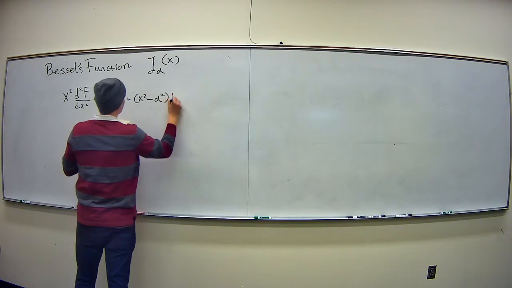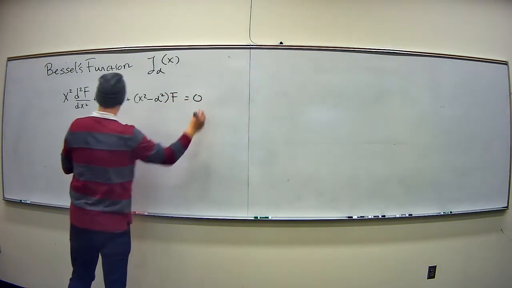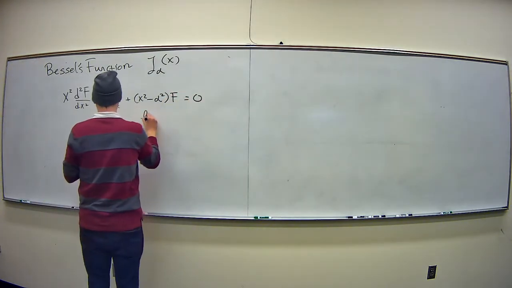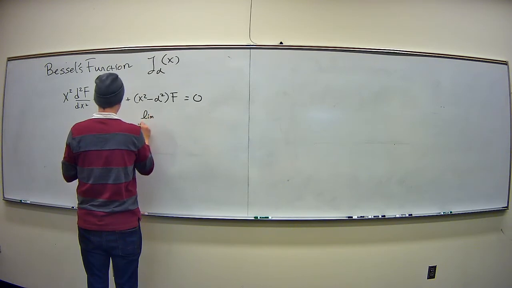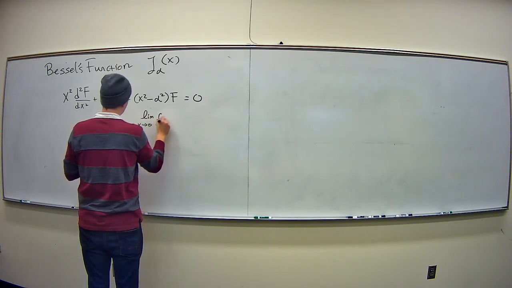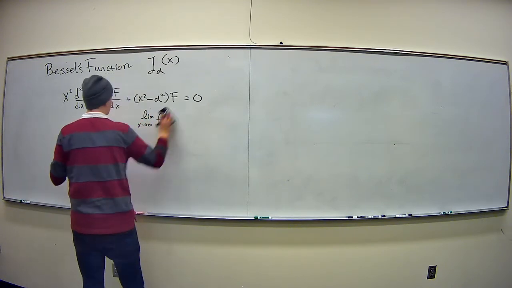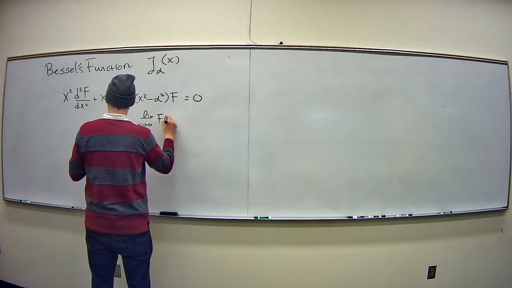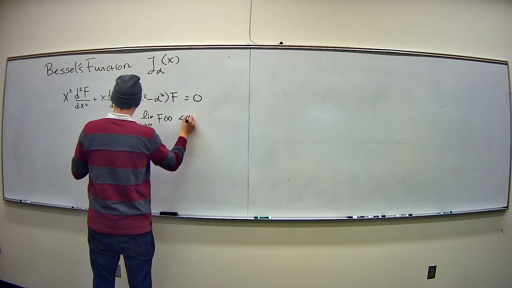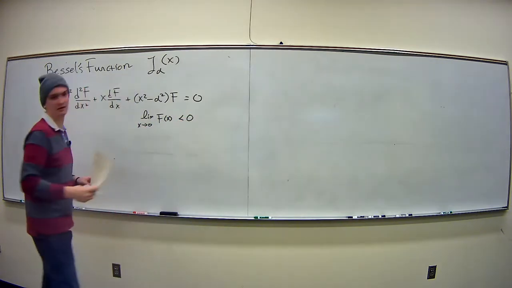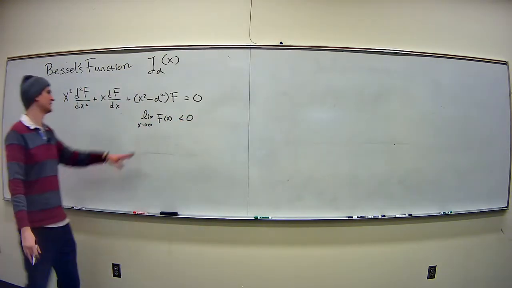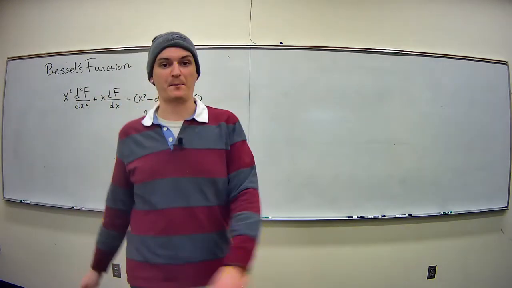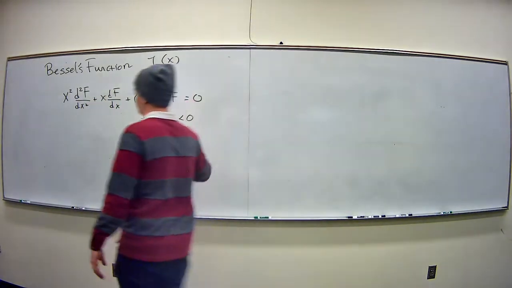Alpha squared f. And then the condition, what was the condition? Yes, you want it finite at the origin. Don't worry about this too much. This is just something that arises when you do the same power series insertion.